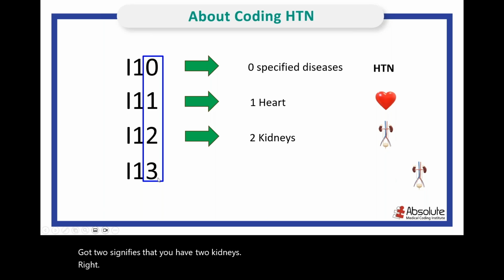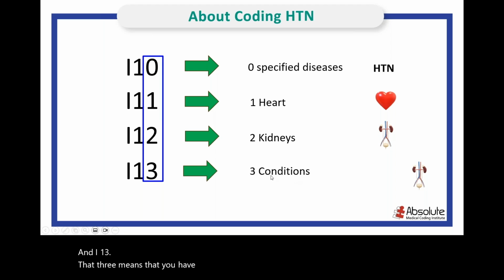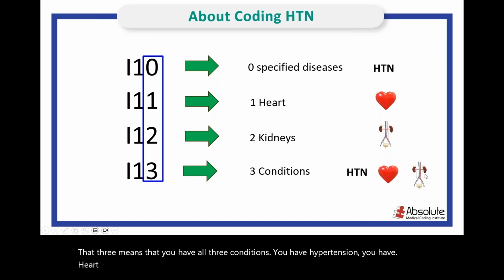And I13, that 3 means that you have all 3 conditions. You have hypertension, you have heart failure, and you have kidney disease.